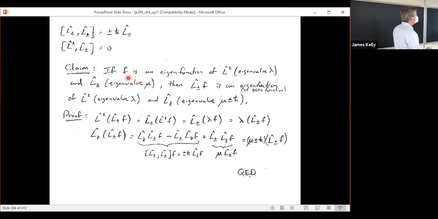If we've got an eigenfunction of L squared, and we assume we know its eigenvalue is lambda, and an eigenfunction of Lz with eigenvalue mu, then we can get new eigenfunctions.